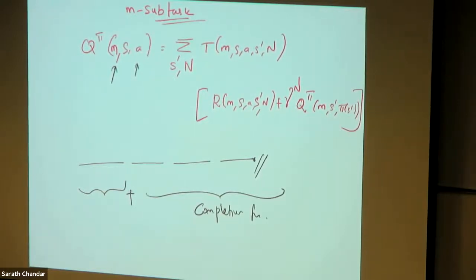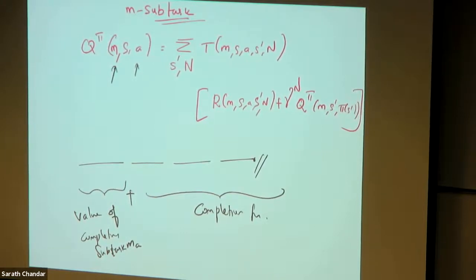This is the value of completing subtask M, A. The first part is the value for completing this subtask, and the second part is the rest of the value for completing the entire task.